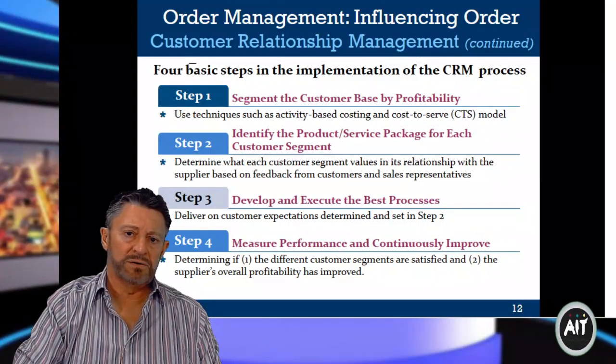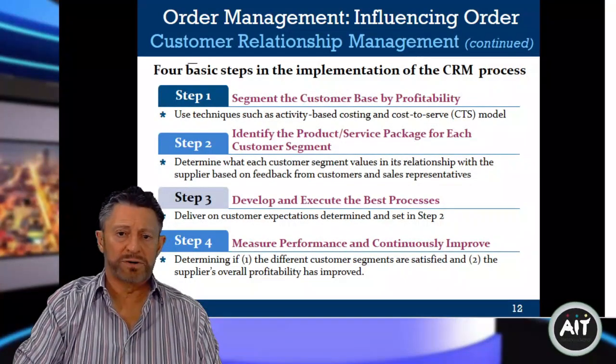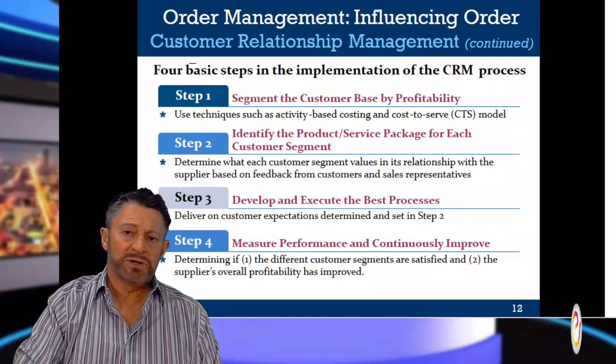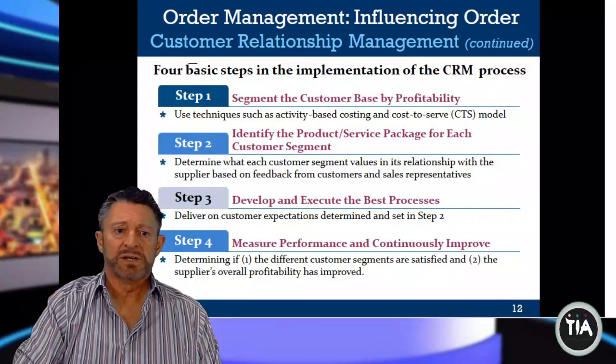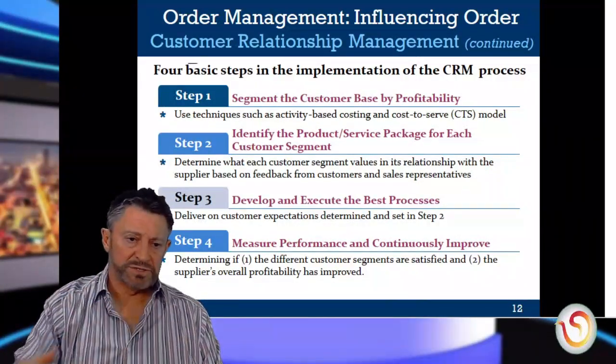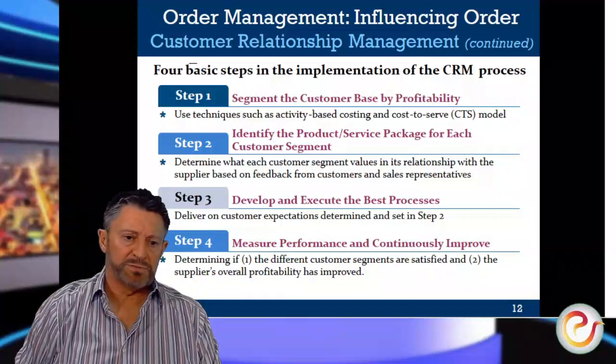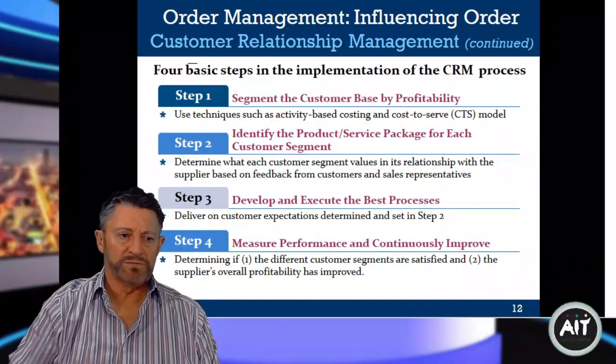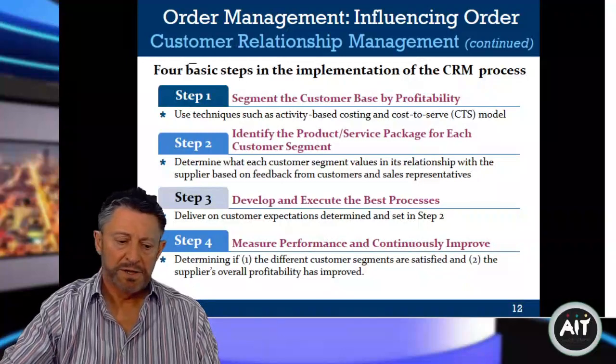So when we have a look at the activities that are required for each of the customer types, then we can identify how much it is costing to serve each of those customers. Now can we compartmentalize this? And then the rest goes down, measure performance and continuously improve once you've gone through these 4 points.